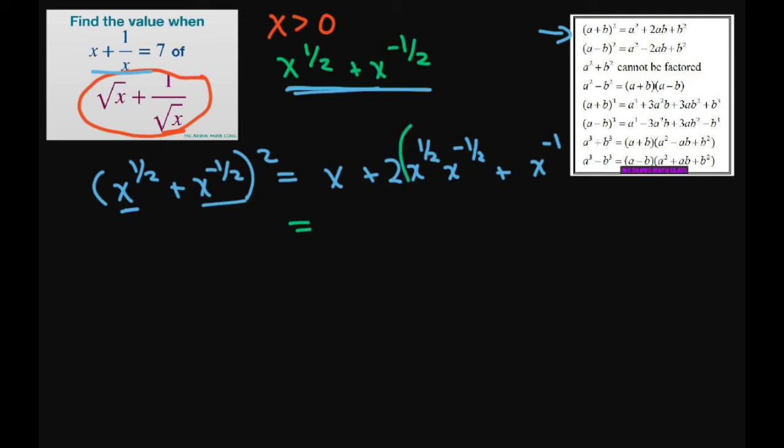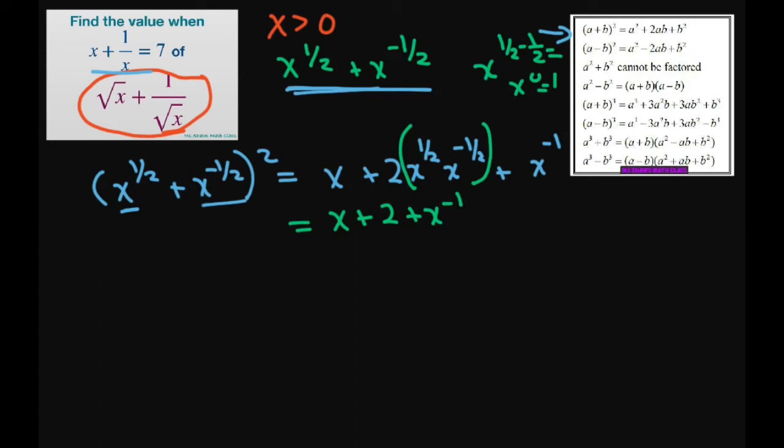This part here equals 1 because you have x to the power of 1/2 minus 1/2 equals x to the power of 0, that equals 1. So basically we have x plus 2 plus x to the power of negative 1.